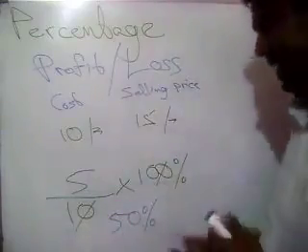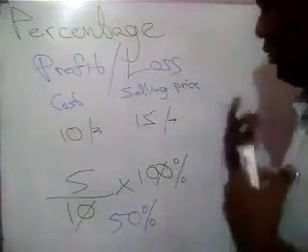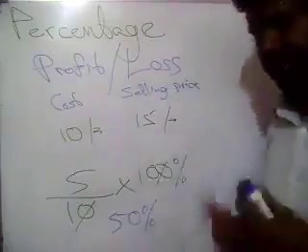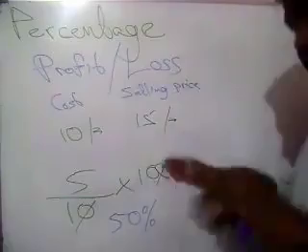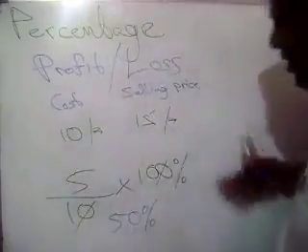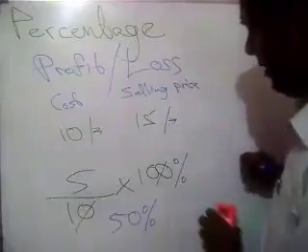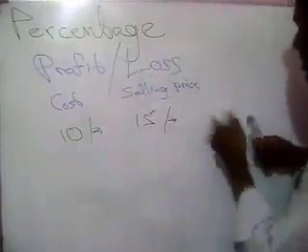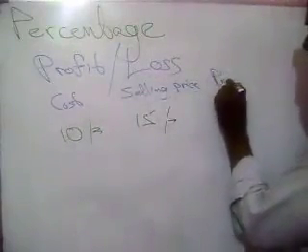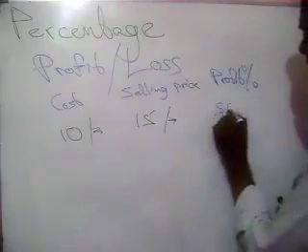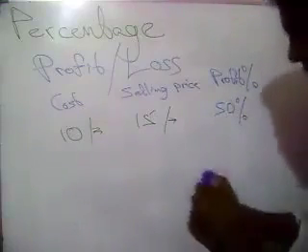So you express profit or loss as a percentage, or any number as a percentage, to bring about some uniformity. Let me explain this further. The profit percentage here was 50% in this transaction.